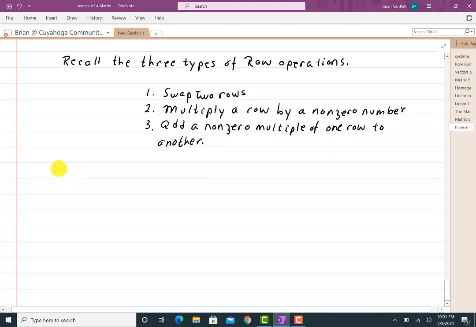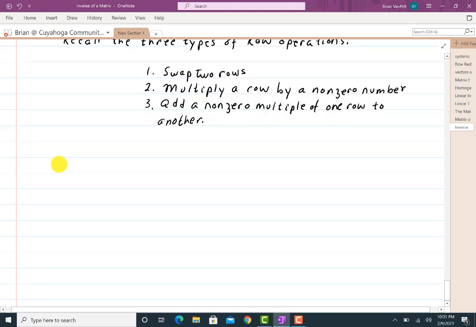What we can do is we can invent matrices that will actually make these things happen when we multiply them to other matrices. Let me show you what I'm talking about. Here I'm going to work with 3x3 matrices. So one thing you should know is these elementary matrices are always square matrices. Let's go ahead and take a look at the swap 2 rows.